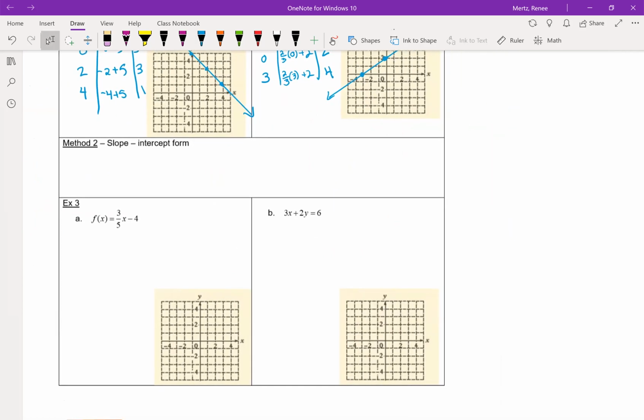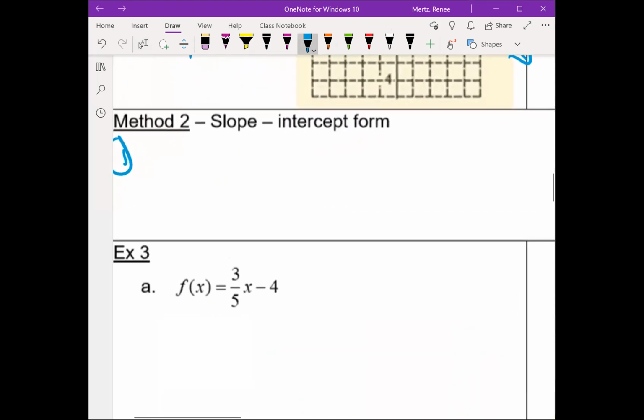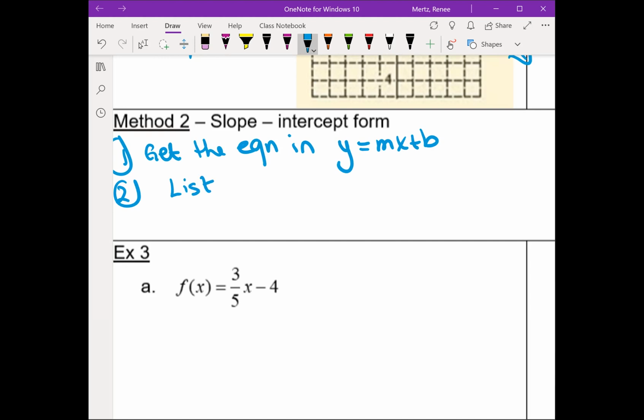All right, method 2 is slope-intercept form. So you want to get the value of m and know the value of b. So first we need to get into y equals mx plus b form. Step 2, we want to list m, so the slope, and show with arrows how it moves.